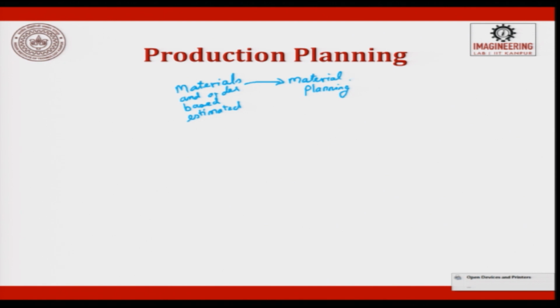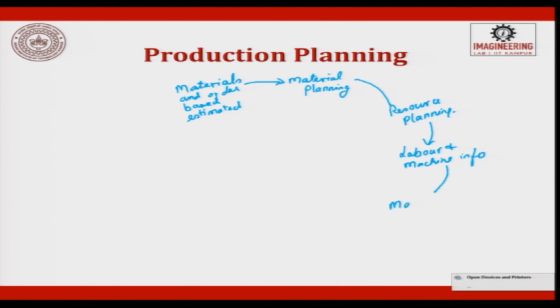Okay. So, from material planning we try to do other resource planning. Then we try to do labor planning. Suppose there is a marriage or a function: how many laborers to be called, how many machines to be engaged.